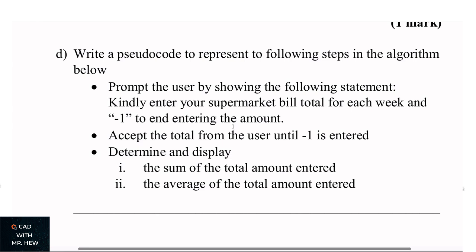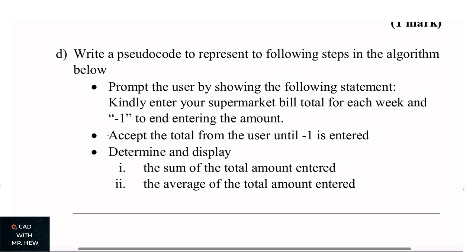Question D. Write a pseudocode to represent the following steps in an algorithm that is listed below. So the first step is prompt the user by showing the following statement: Kindly enter your supermarket bill total for each week and enter -1 to end entering the amount.